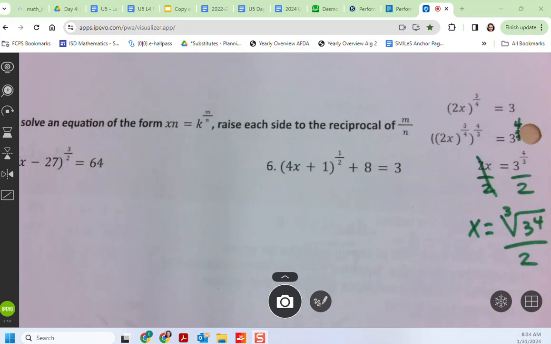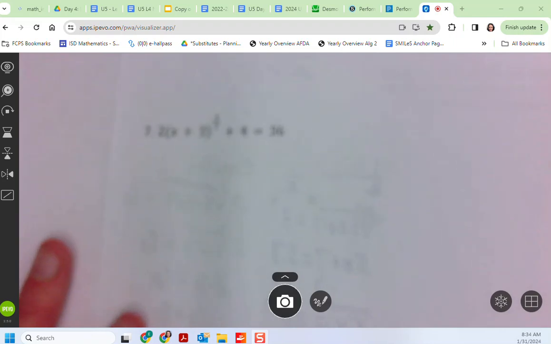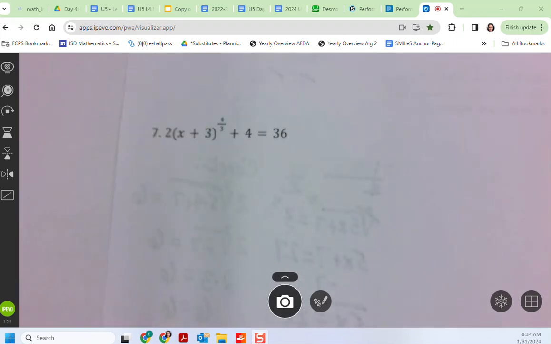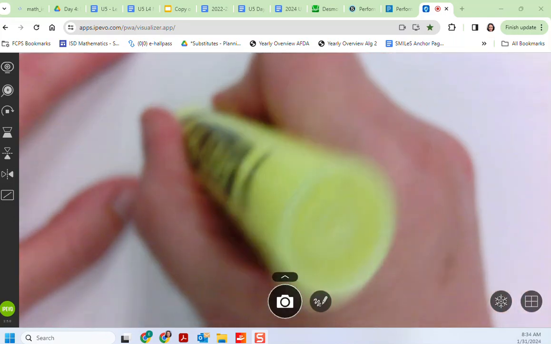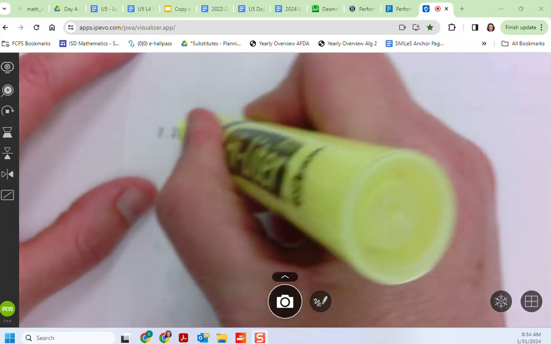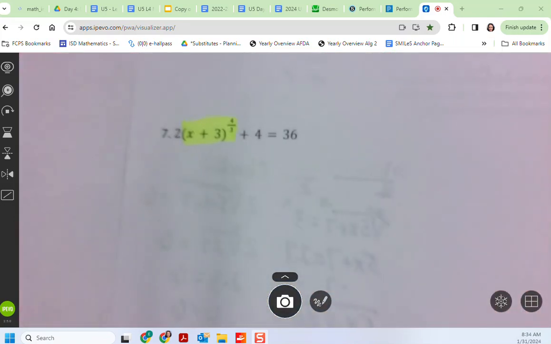Okay, so let's look at 7. In 7, you have to isolate this part that is being raised to the 4/3, and that's going to be everything in the parentheses. So I've got to get this by itself. What am I going to get rid of first, the 2 or the 4? Want to take a guess? Do we get rid of the 2 or the 4 first?